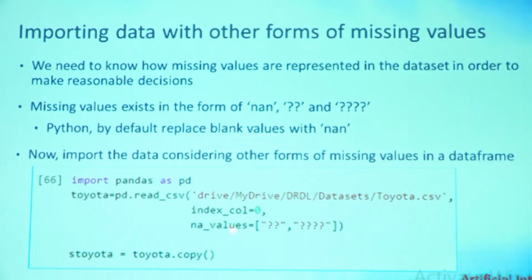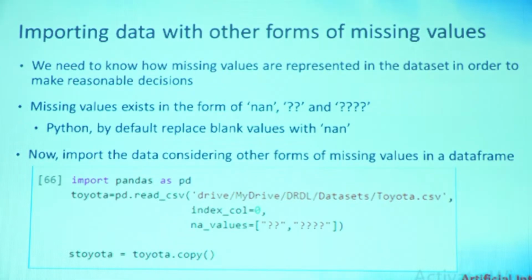What I learned from my unique values: after I passed the unique method to my data frame, I got that there were 2 question marks and 4 question marks as unique values. So they are null values basically. In my null values, I am just including 2 question marks and 4 question marks as well. I didn't put 3 question marks there, because there was nothing as such when I identified the unique values. There were only 2 unique values with respect to null values, 2 question marks and 4 question marks. I am just including that.